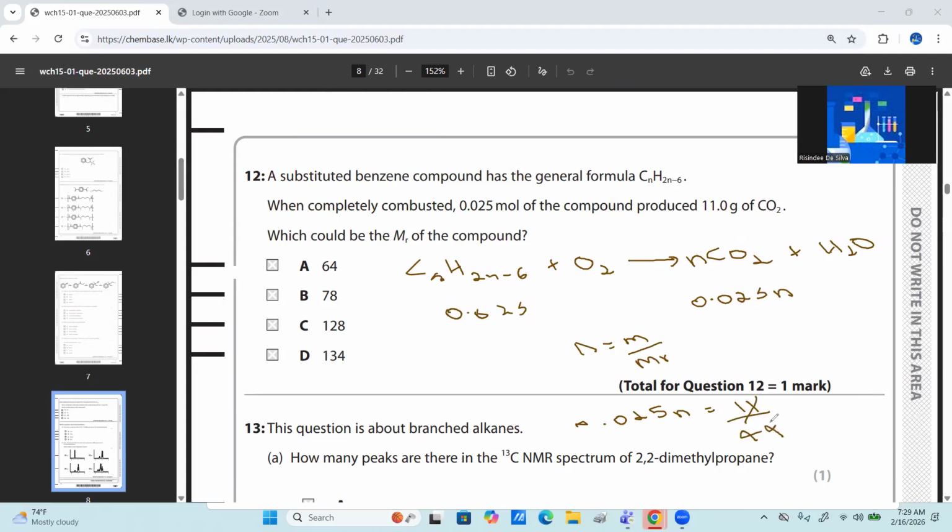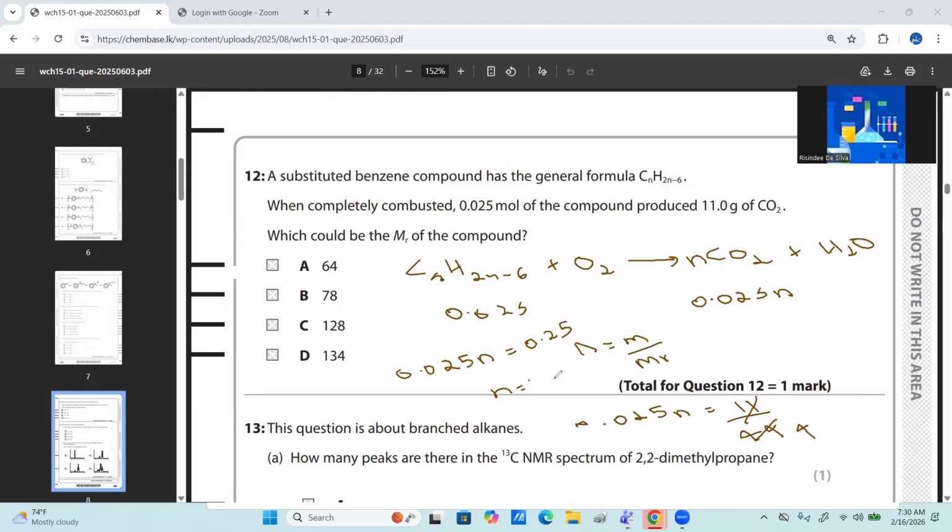So that means 0.025n is equal to 0.25. So what you should do, divide by 0.025. So if you divide it by that, you get 10.